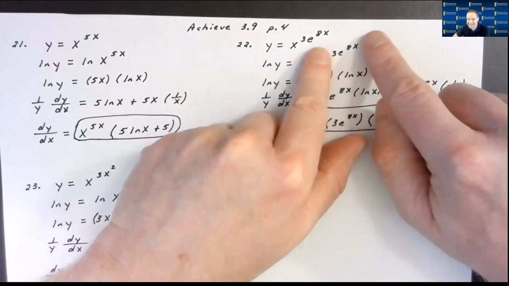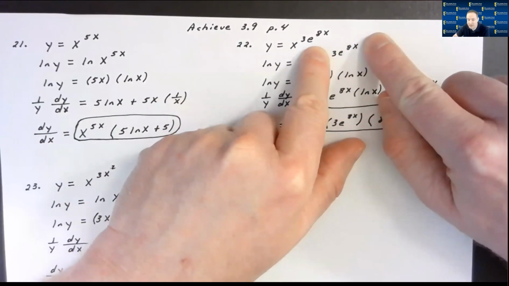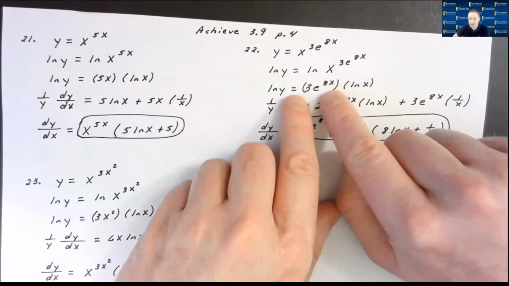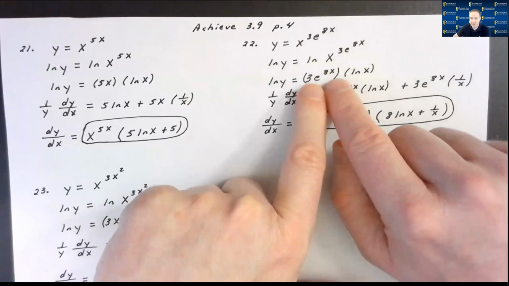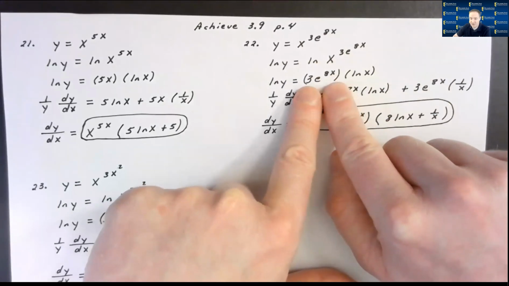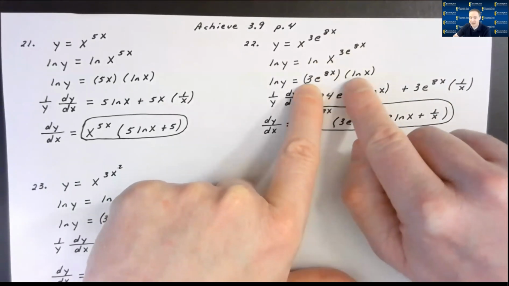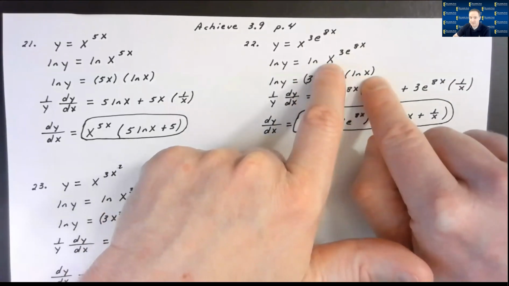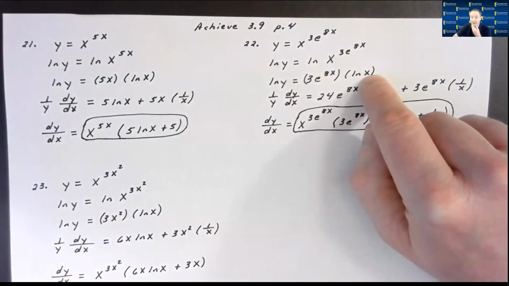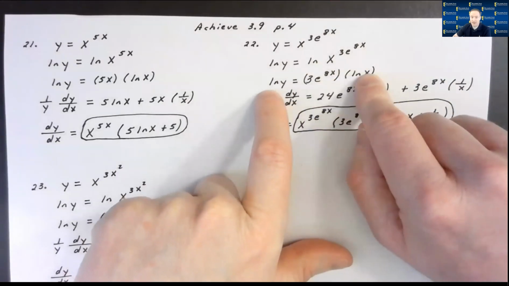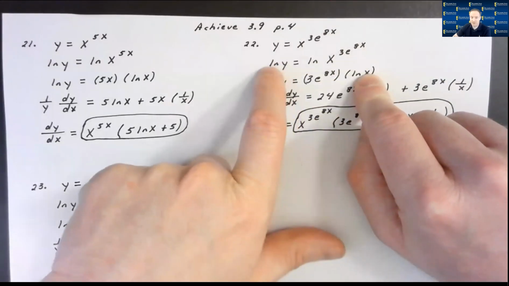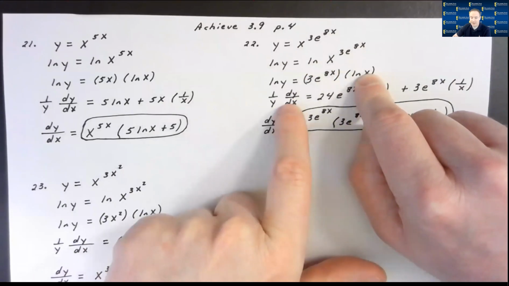Now, this entire exponent on that x comes down as the term multiplying the logarithm. All of that comes down. I'll get 3e to the 8x times the natural log of the base, x. All right, now it's set up to where I can use the product rule again on the right-hand side. The left-hand side's super easy, just 1 over y dy dx.